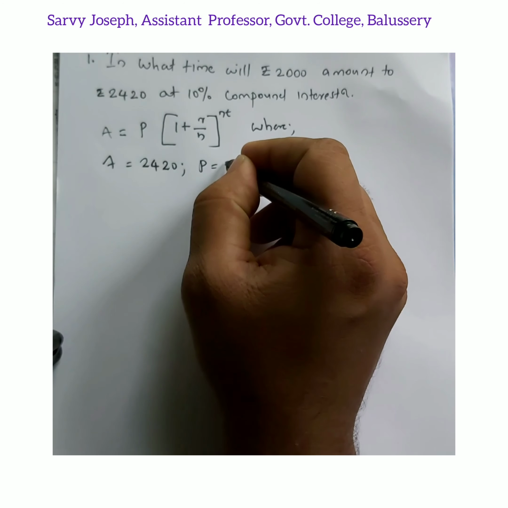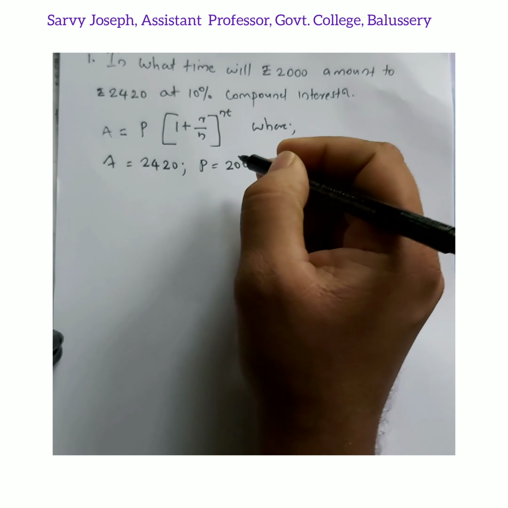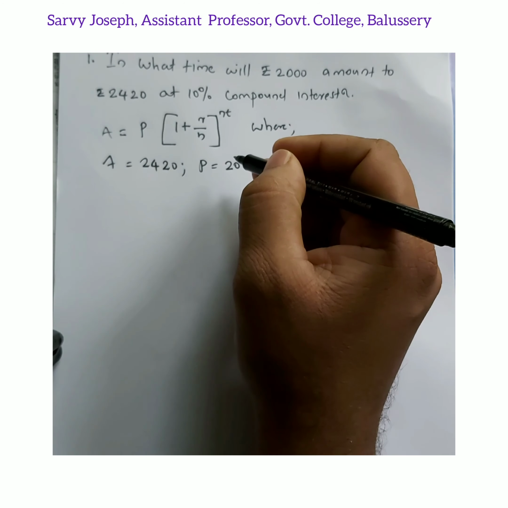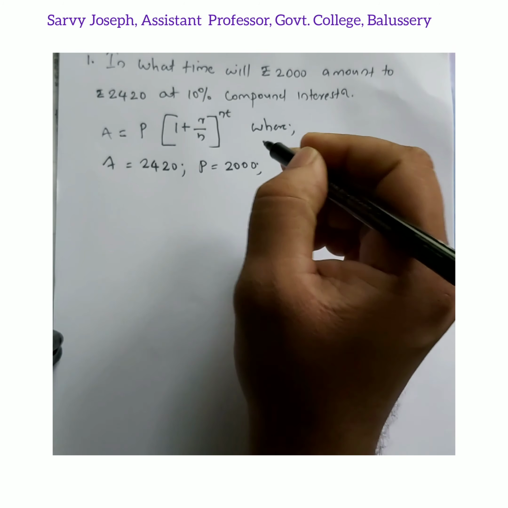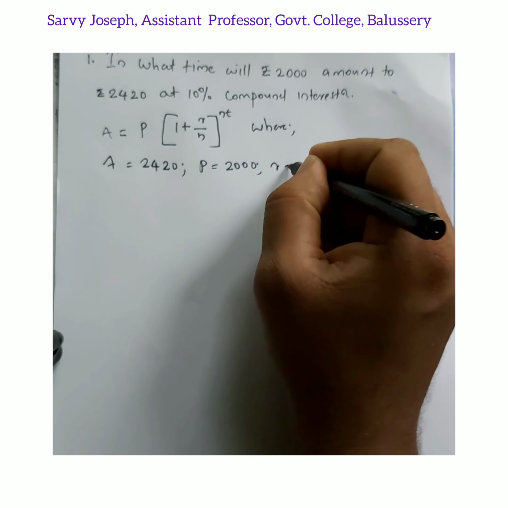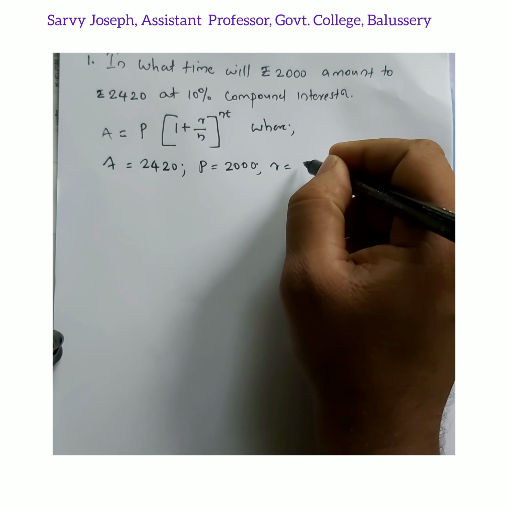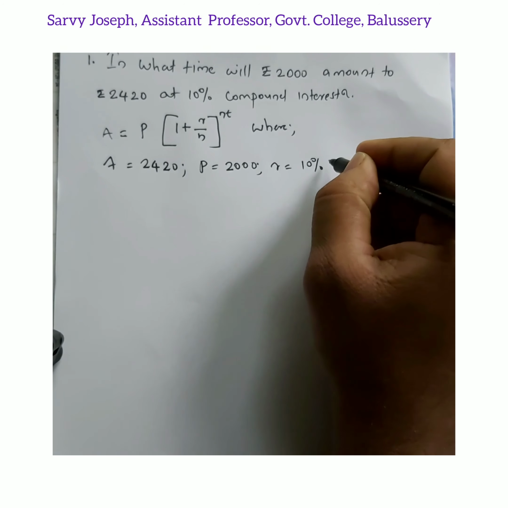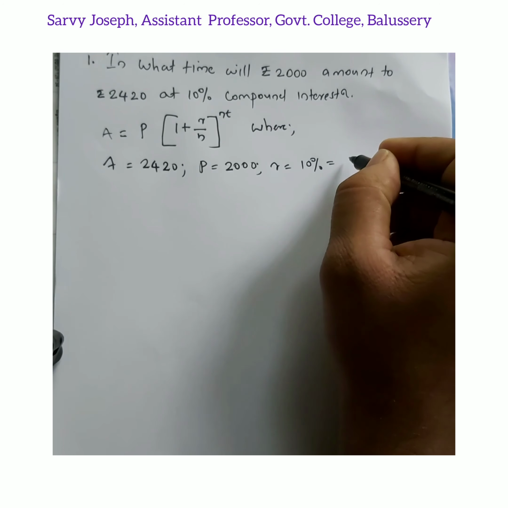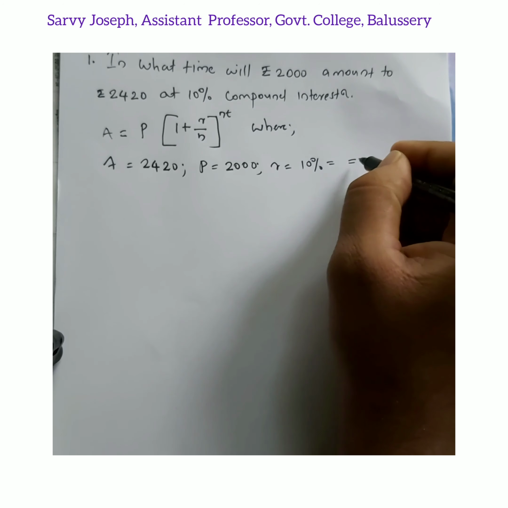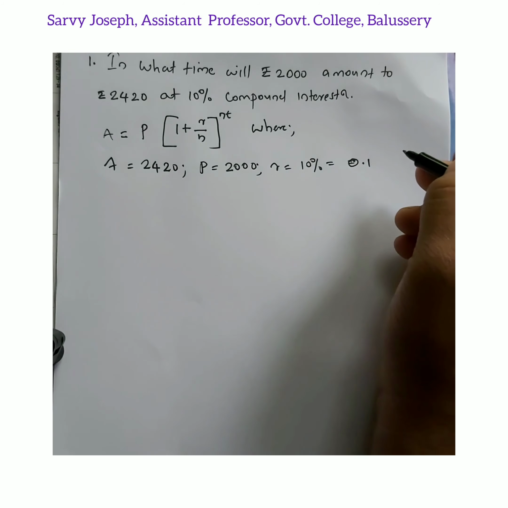P is equal to 2000, the initial amount, principal amount, here it is 2000. R is equal to rate of interest, that means 10%. We should write it in the decimal form, that means 10 by 100, that is 0.1.